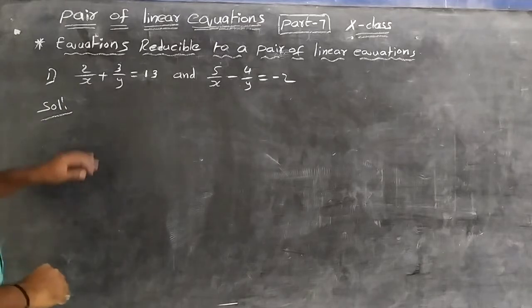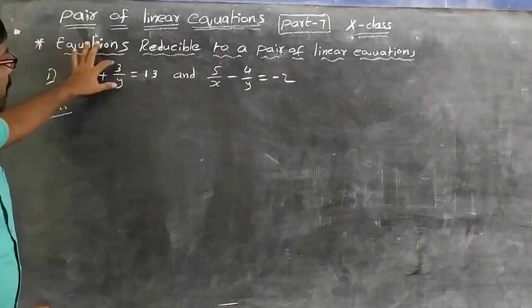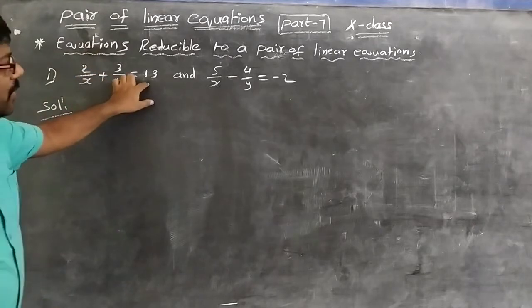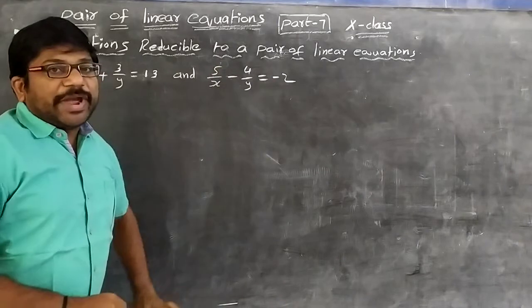Observe carefully these two equations: 2 by x plus 3 by y is equal to 13, 5 by x minus 4 by y is equal to minus 2.